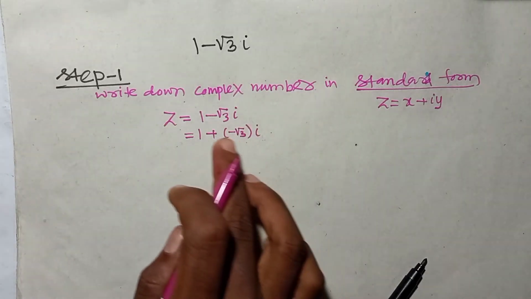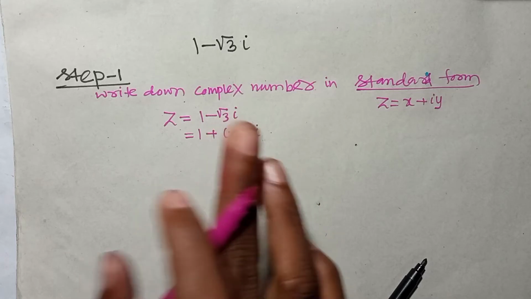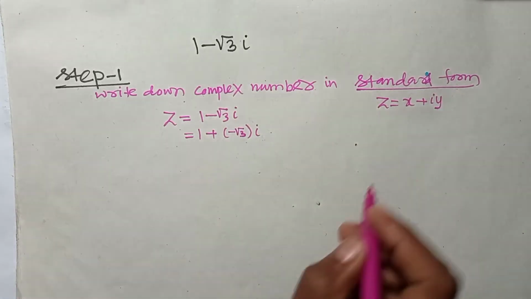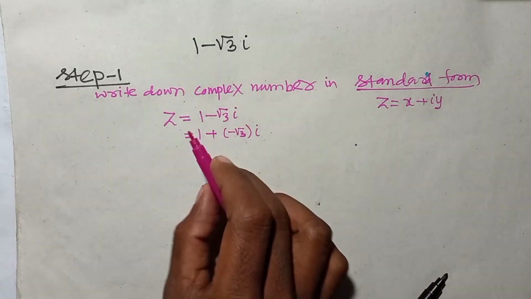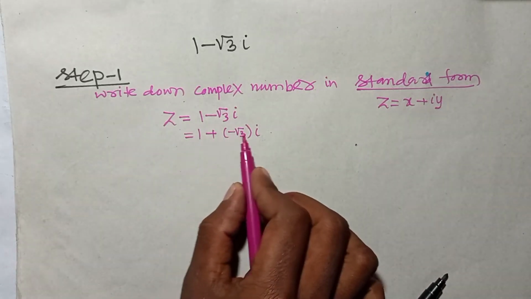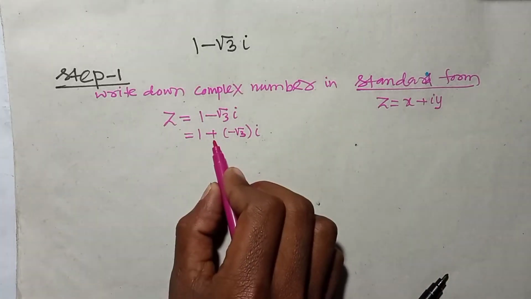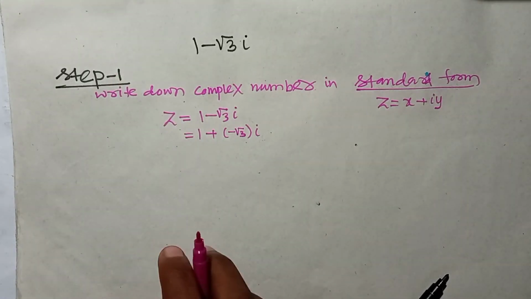So this is the standard form of the complex number. Here the plus sign should be there in the standard form of a complex number. So always write a complex number in this form: something plus something iota. Here the plus sign is very important. So this is step number 1.